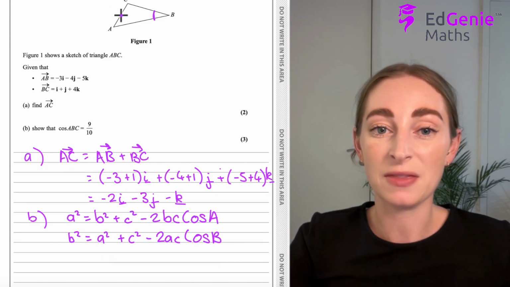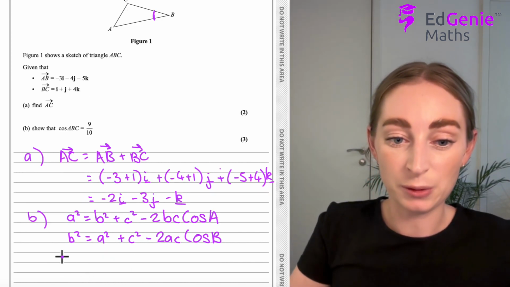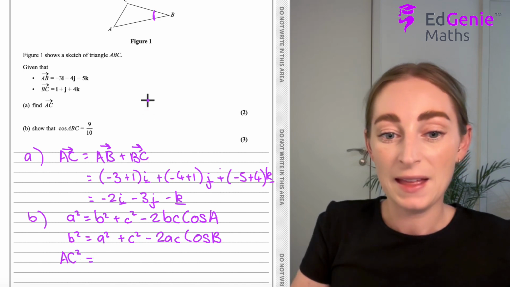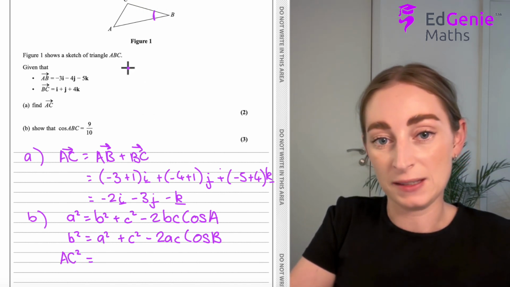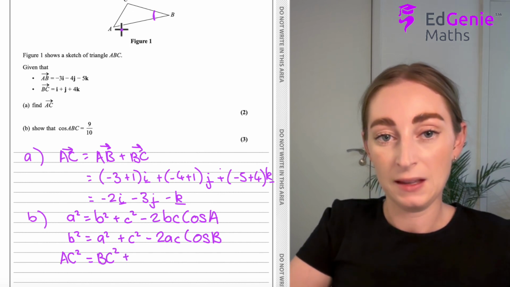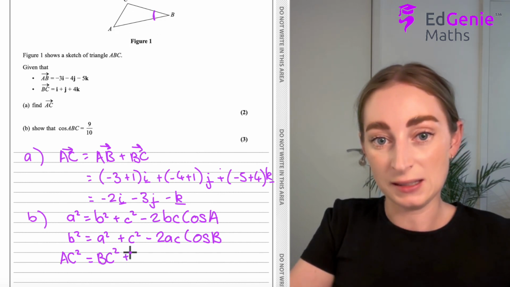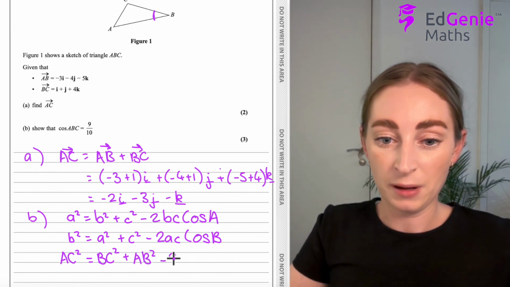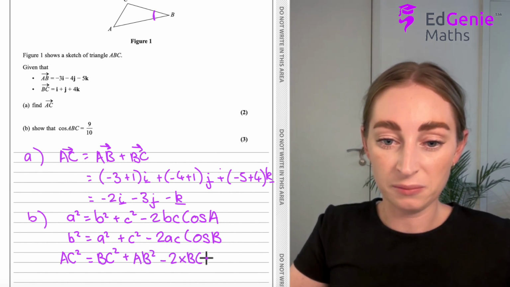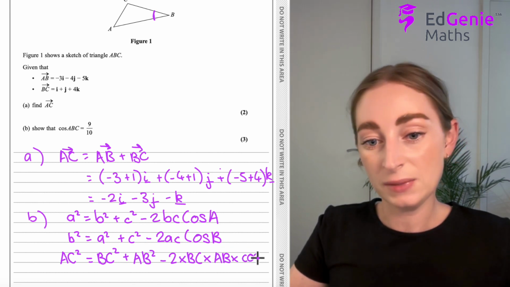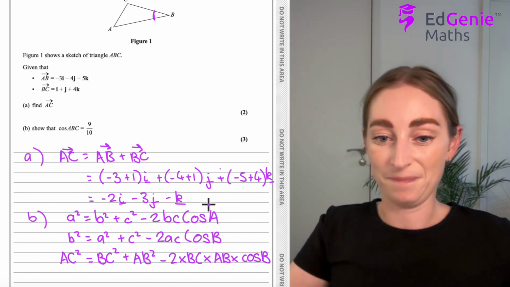B squared is going to be this length here, so we want to find out AC squared. A squared is going to be this length, so that's BC squared. C squared is this length, so that's AB squared. Minus 2 times BC times AB times cos B.